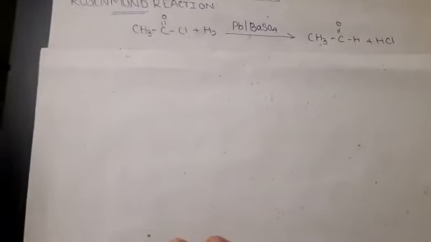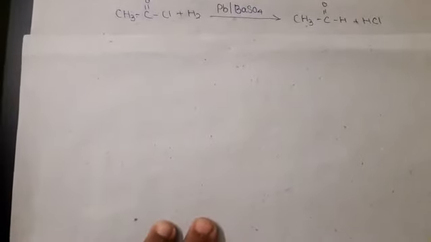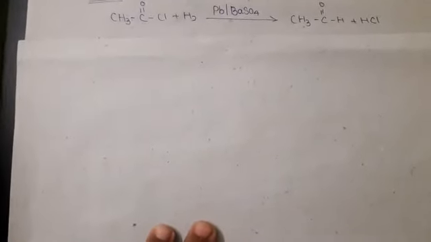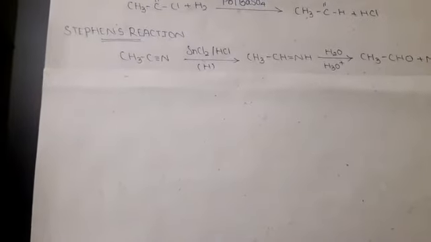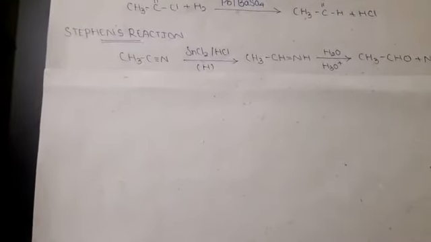Second one is the Stephen reaction. That is the conversion of cyanides into the corresponding aldehydes in the presence of SnCl2 catalyst. So CH3C triple bond N reacts with stannous chloride and HCl in acidic medium.